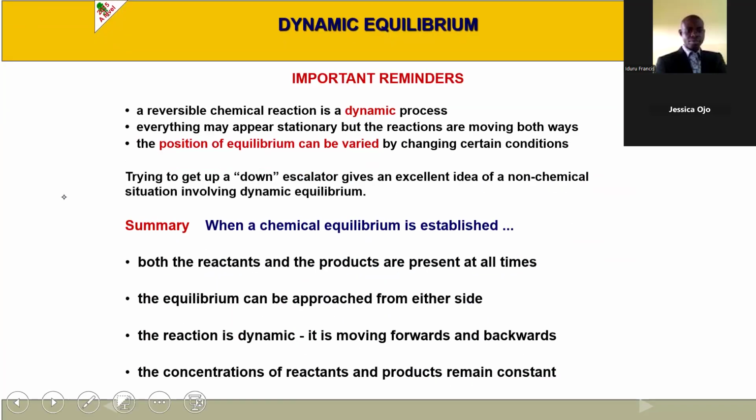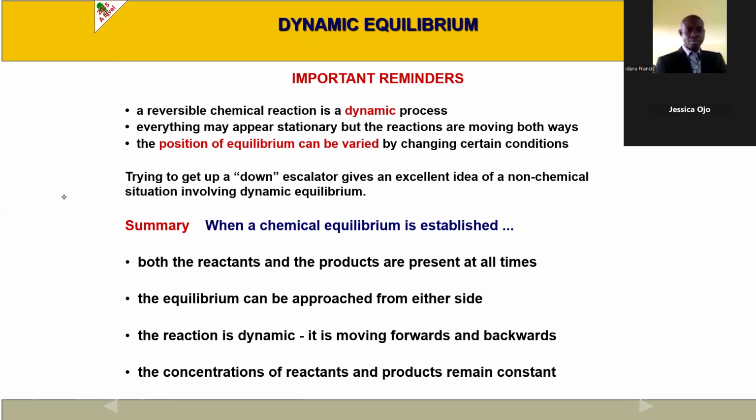Okay, let's look at some important reminders. A reversible chemical reaction is a dynamic process. Why? Because the forward reaction occurs at the same rate as the backward reaction. Everything may appear stationary, but the reaction is moving in both ways.